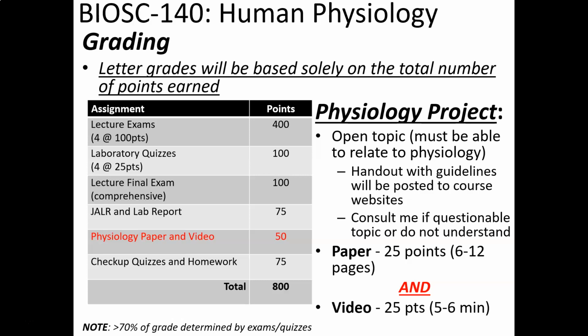You can do any disease as an example. You can do any activity. There's a lot of different things you can do. And you're going to pick that topic and write a 6 to 12 page normal font, normal margin, text-based paper with references, because you're in college, right? College science. And that's worth 25 points.